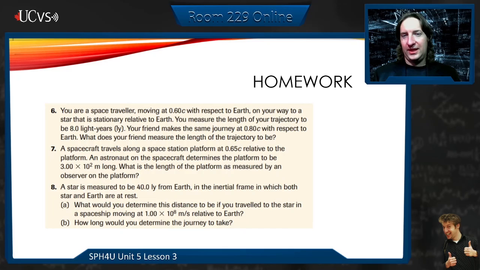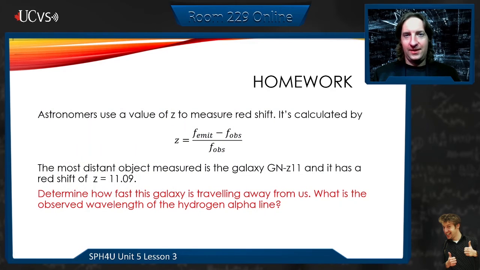All right, so what I'd like you to do is, there's a couple of homework problems. This is about length contraction, these 6, 7, 8. And then there's a problem here about this redshift. Now, when we measure redshift, astronomers typically use a number called z, which is a sort of fractional redshift, which is the frequency that's emitted subtracted from what we observe.